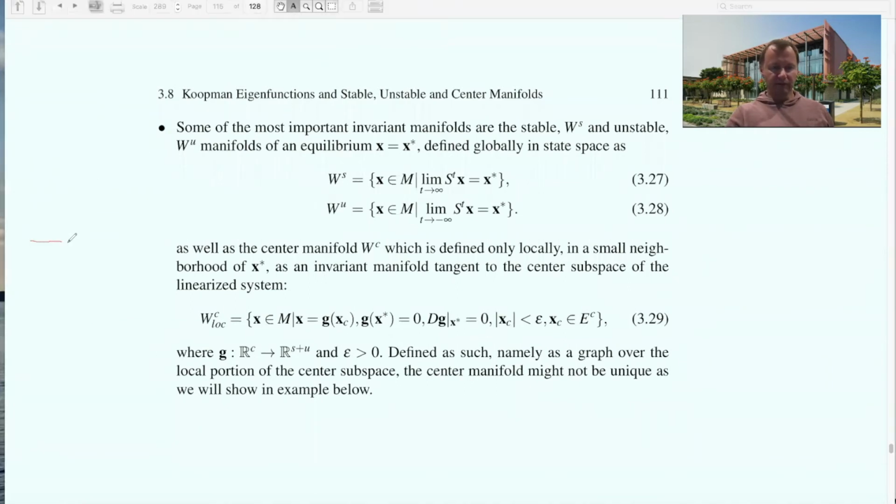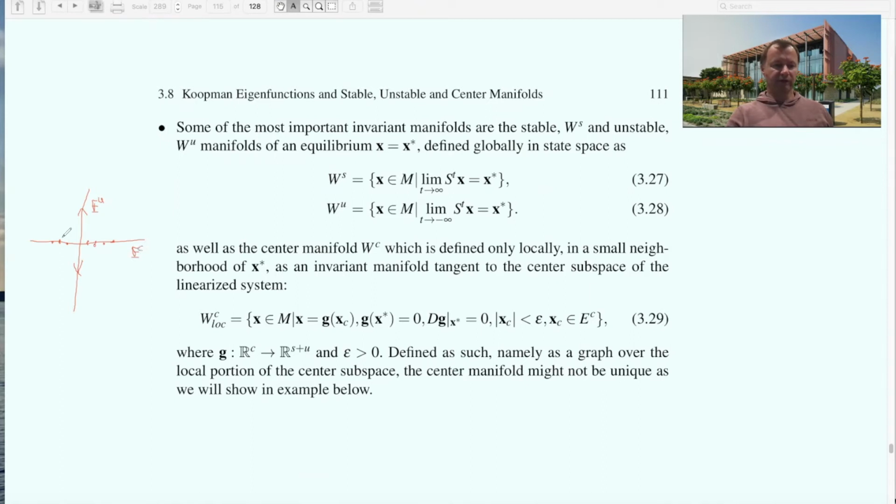Let's say that we have a system whose linearization is such that we have a one-dimensional unstable subspace and then a one-dimensional center subspace, and the center subspace is really obtained as a line of fixed points in this particular example. So our unstable subspace would be E^U here, and then the center subspace would be this one, E^C.